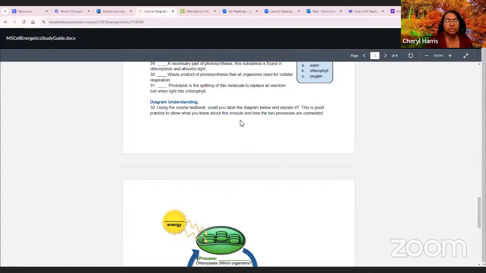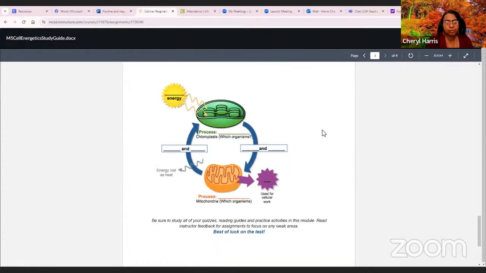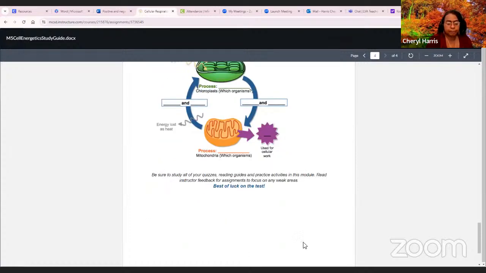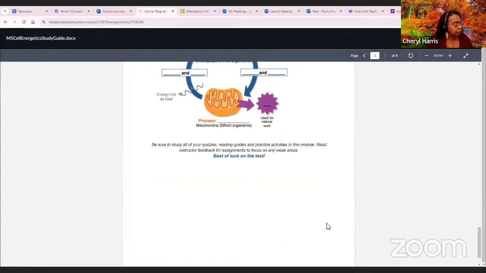This is a good practice to show how the two systems are connected. On these lines, you're going to fill in what's going in, what's coming out, what process is happening with the green structure, what process is happening with the orange structure, and discuss the cycle that's going on. So just write a short paragraph under here.